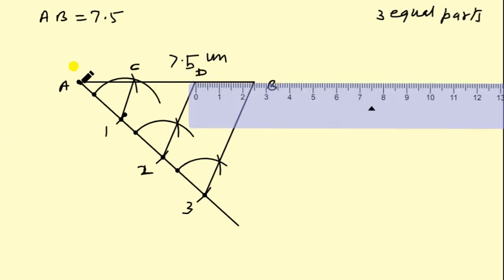So first of all you can make 3 equal parts like this. So that one is the first arc. Now put the second arc like this, and now the third arc from this point.